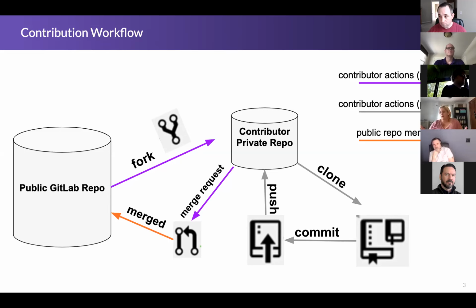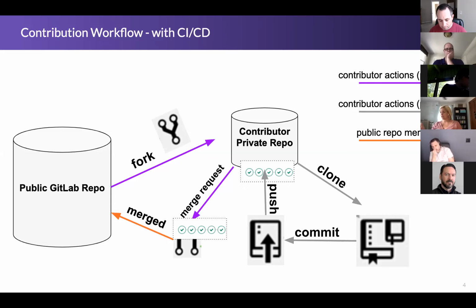And it's a workflow that works really well, that's been used for years and years now for open source projects, but I've never stopped to think about how do pipelines now come into play here? Well, in GitLab, if in the open source project you have a GitLab CI YAML file, then when I fork that repository, I'm going to get that same YAML file. So I, in essence, have pipelines available to run in my forked project, and that's great.